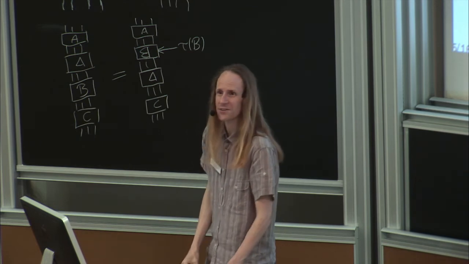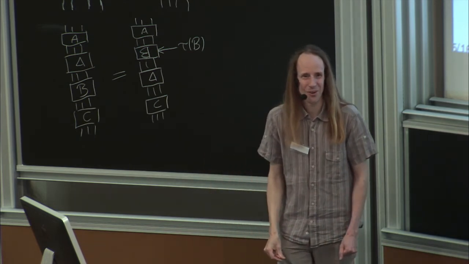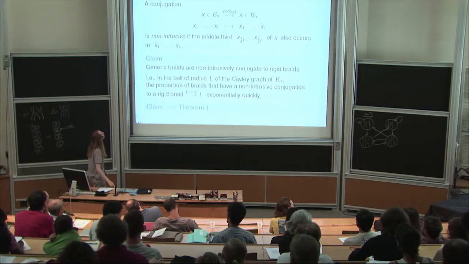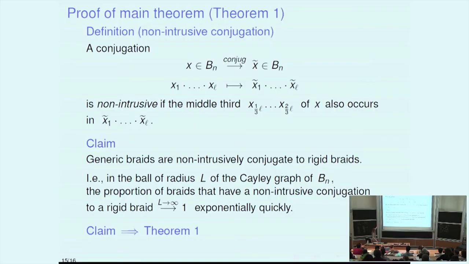Let's first see why that claim implies the main theorem. Well, a generic braid can be conjugated to a rigid braid, and the middle third of the original word has survived in the conjugated braid.